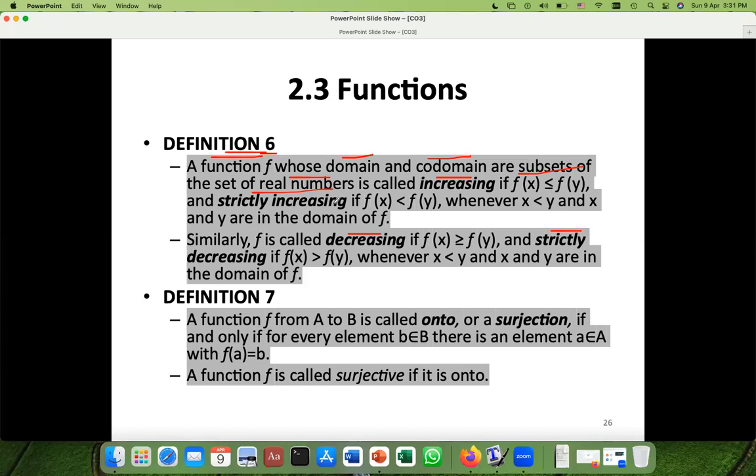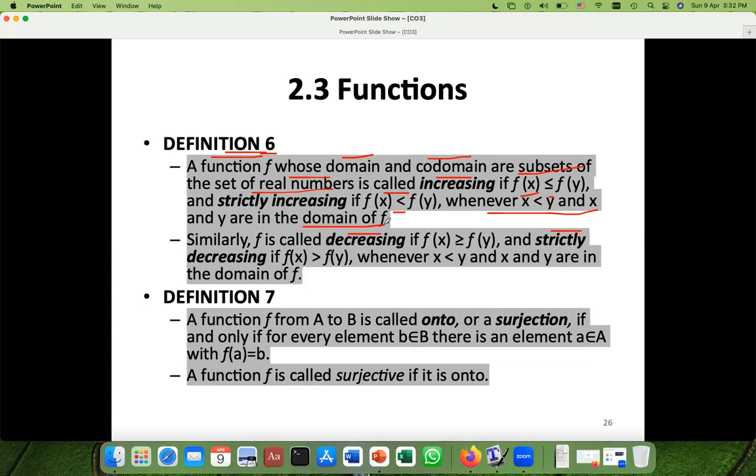And what is strictly increasing? You don't have the equality. You have made it strictly increasing, only increasing, no equality. So that's why you have removed that equality from this condition and nothing else. So that is strictly increasing. Now you are explaining the values. Whenever you have the next value y greater than x, and x and y are values from the domain of f, you have two sets.